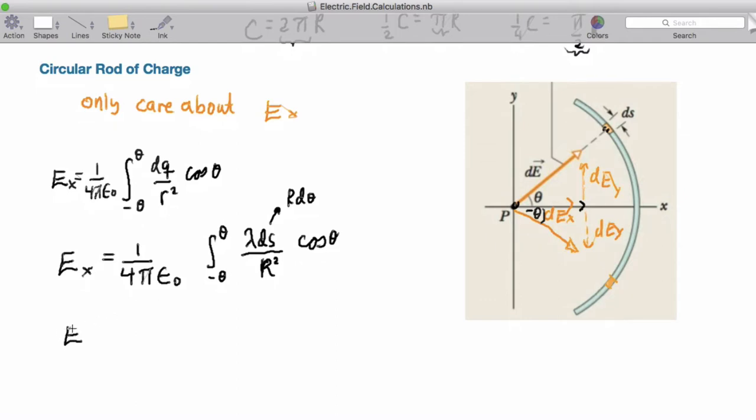So Ex is going to be 1 over 4 pi epsilon naught lambda r d theta over r squared times the cosine of theta. We can actually do a little bit of cancellation here. We're going to integrate from negative theta to theta. So a little cancellation here and here.